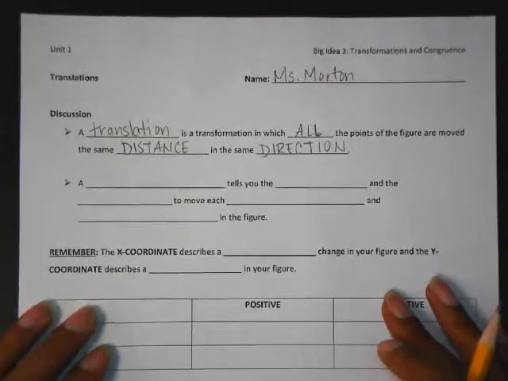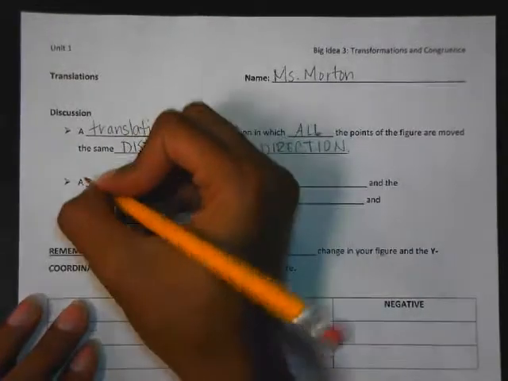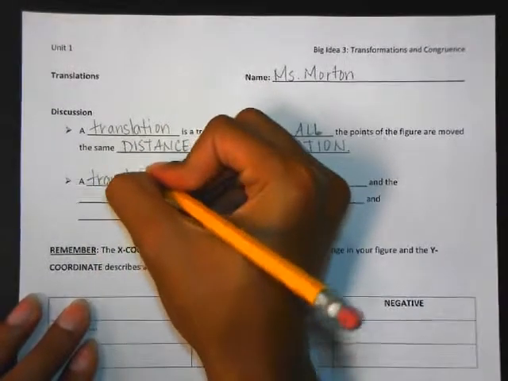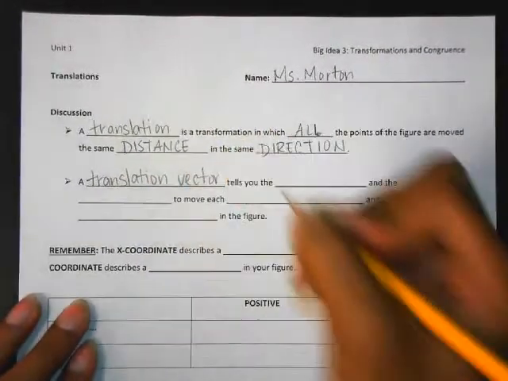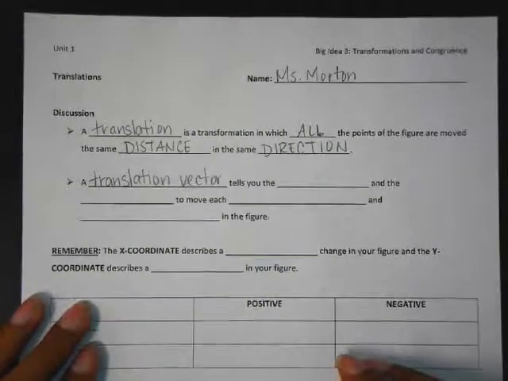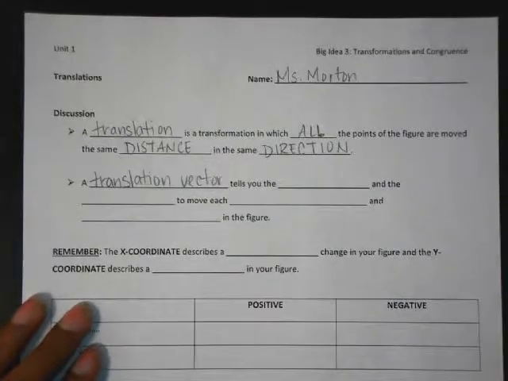Now when you're told to perform a translation, you're given a translation vector. The translation vector is the rule you have to follow in order to translate the picture or the figure.